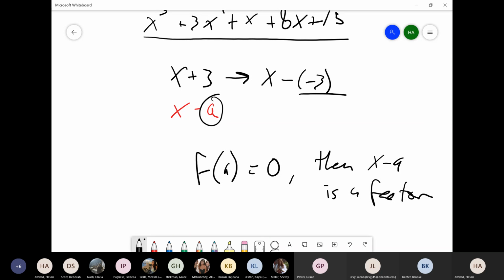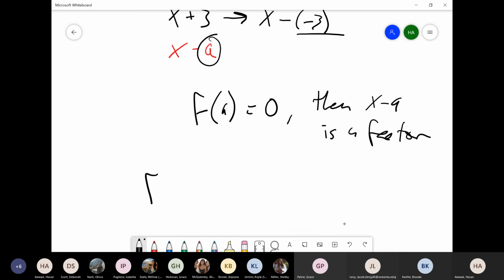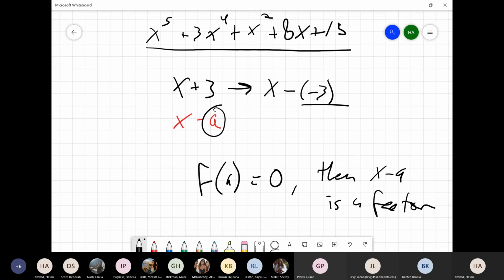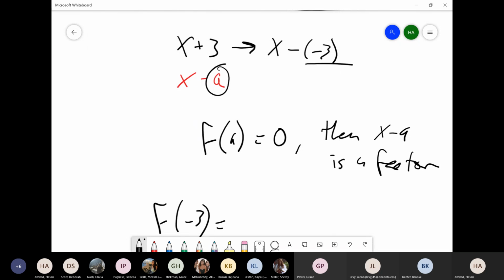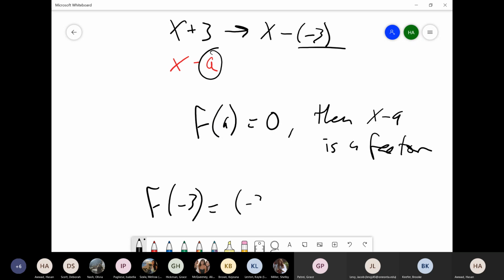So what we're going to be doing is taking that negative 3 and plugging it into our polynomial here. So what does that mean? That means we have f of negative 3 is equal to, and then we start plugging it in wherever there's an x in this big long thing. There's x to the fifth, which means we have negative 3 to the fifth.